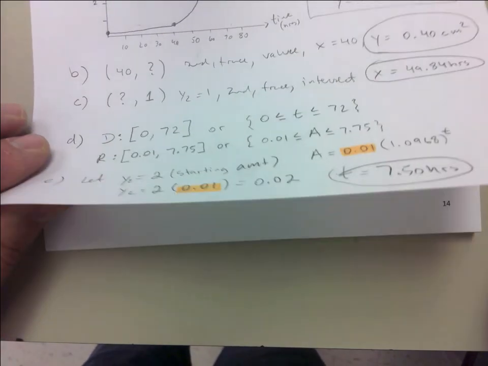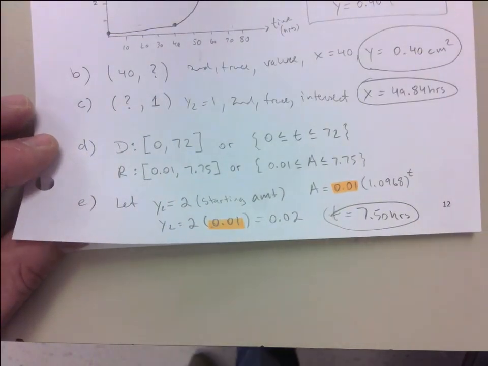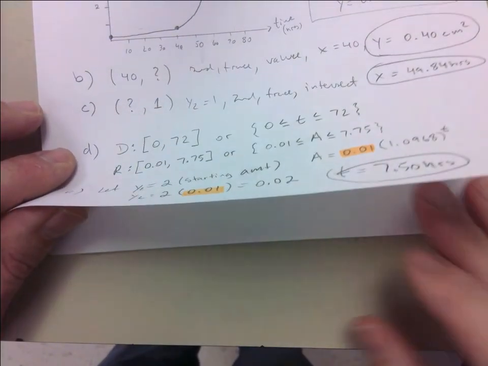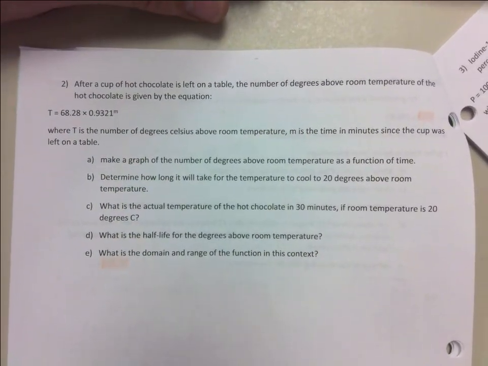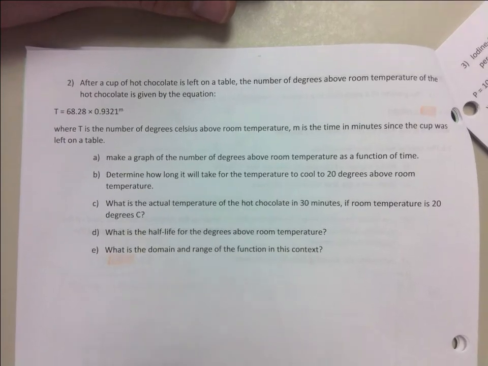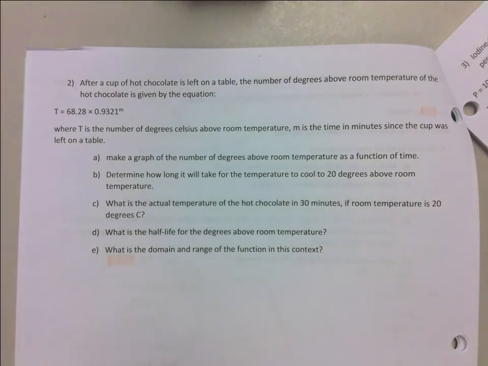All right, let's go to the next one, which is a decreasing scenario. After a cup of hot chocolate is left on the table, the number of degrees above room temperature of the hot chocolate is given by this equation.